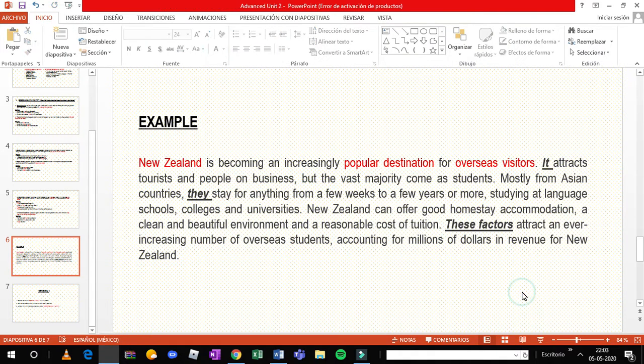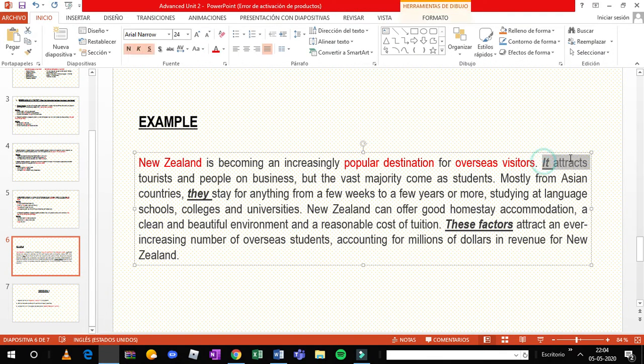Why do I know this? Because we're talking about the country. We are still talking about the country. It attracts. ¿Qué es lo que atrae? ¿A qué se refiere con atrae a muchos turistas, a personas de negocio, pero en su mayoría vienen como estudiantes? Es decir, yo aún me estoy refiriendo a Nueva Zelanda, ¿ya?